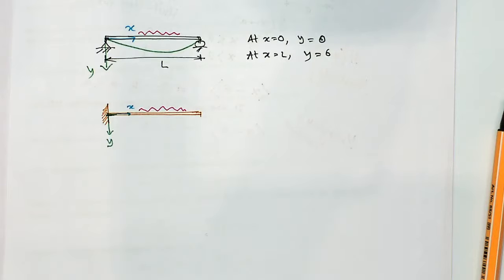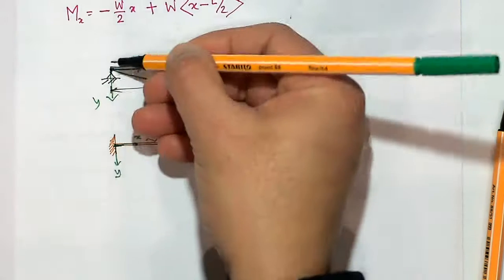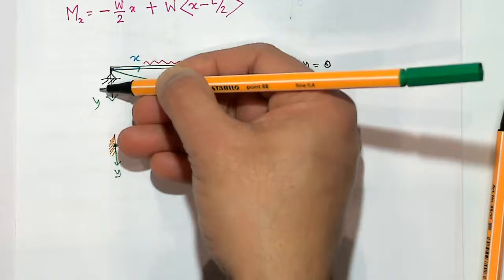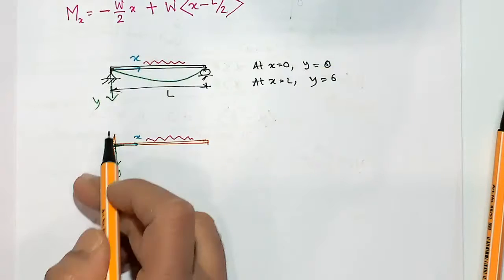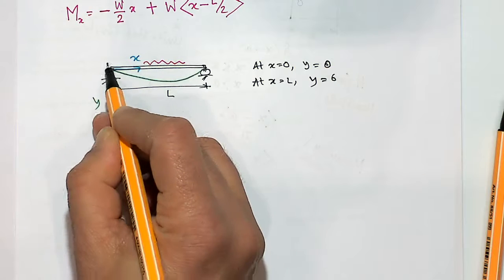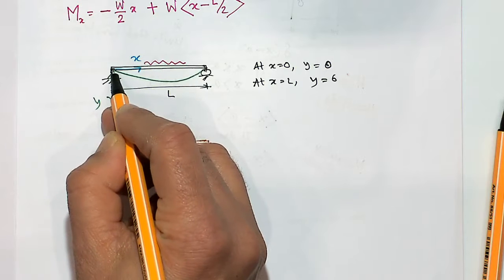Any obstruction or constraint to movement will create a reaction. So here there was a constraint towards translation in the vertical direction, so a vertical reaction force was generated. But there was no restraint against rotation, so no moment is generated at that point.